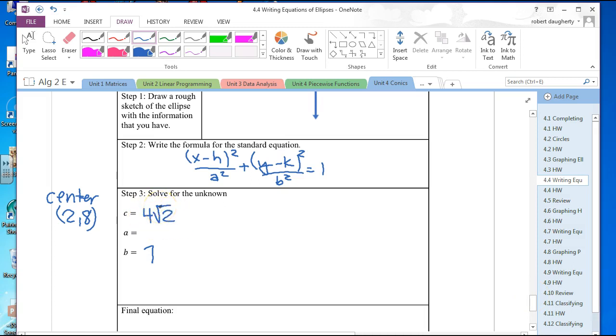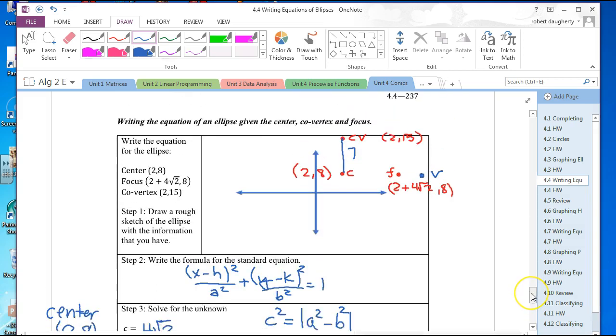I'm going to have to solve this for what? a. So c squared equals the absolute value of a squared minus b squared. I want to get rid of those absolute values. In order to do that, I have to know the positive or negative sign of this. So which is greater, a or b? a has to be greater because I've established this is a horizontal ellipse, which means a has to be greater than b.